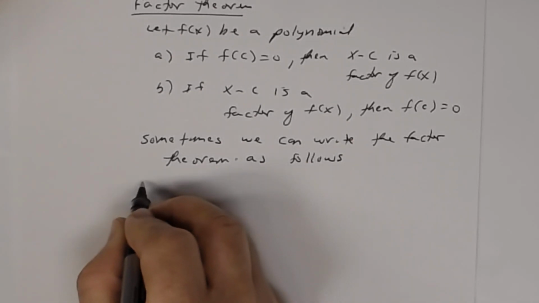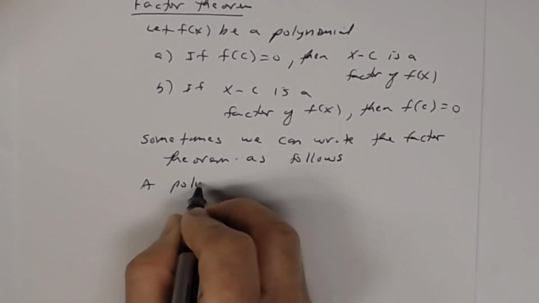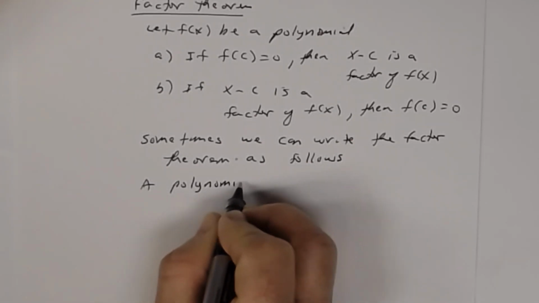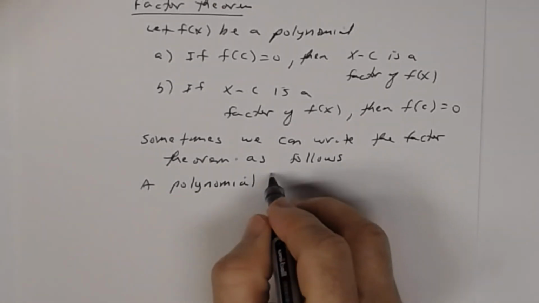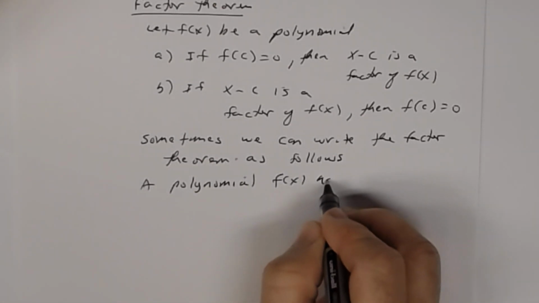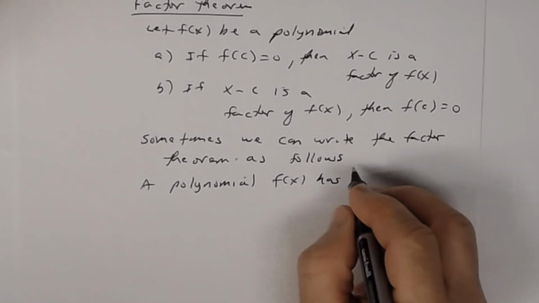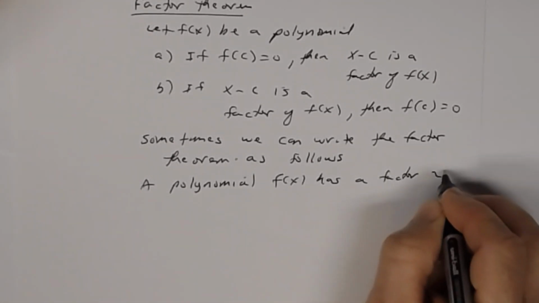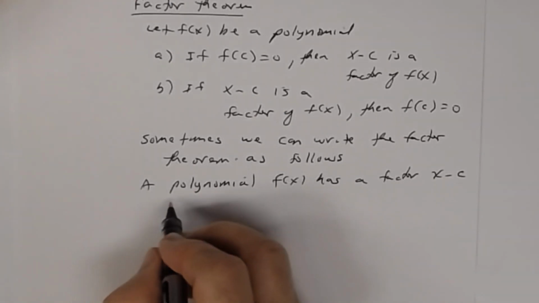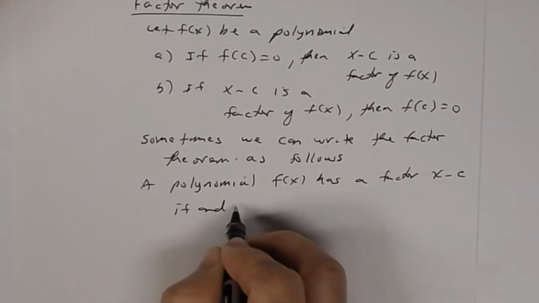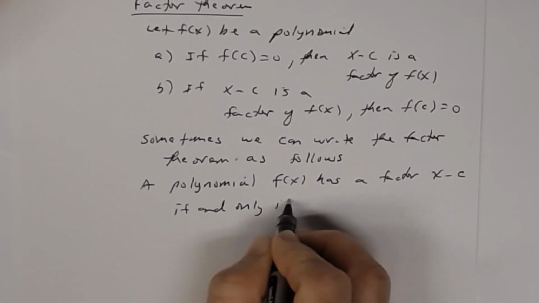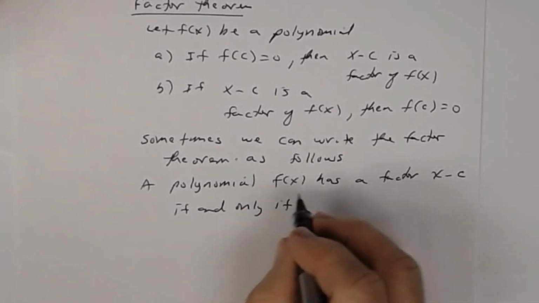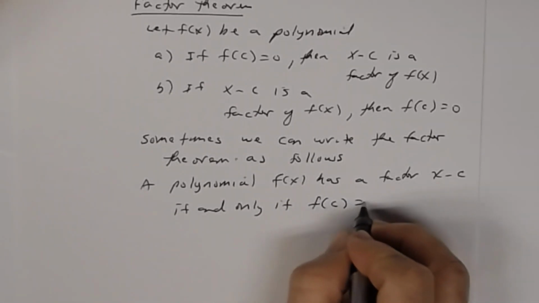A polynomial f of x has a factor x minus c if and only if f of c is equal to 0.